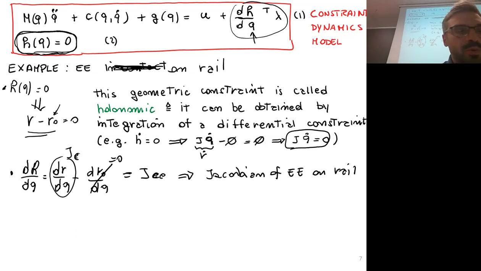The point that we would like to put on the rail could be another point, could be one pin in the middle of the link. In that case, we want to use the position of a pin in the middle of the link and not the one of the end effector. So this is generic.